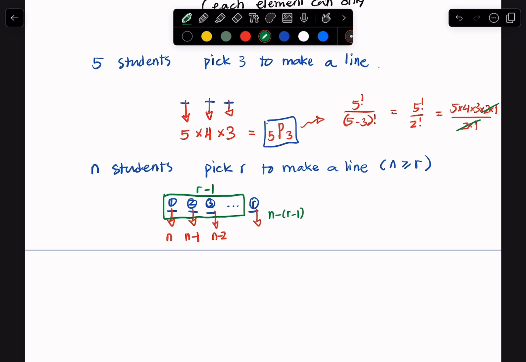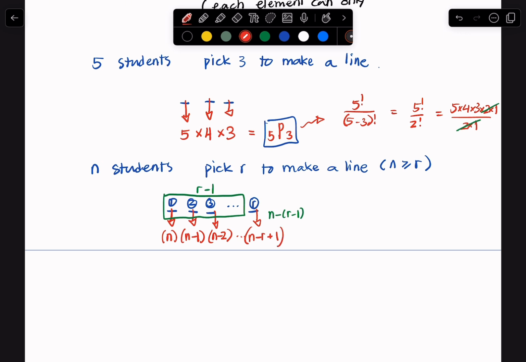So, of course, I can open the bracket, which gives me n minus r plus 1. So finally, let's just multiply each step together, which we get n times (n minus 1) times (n minus 2) until the last one.